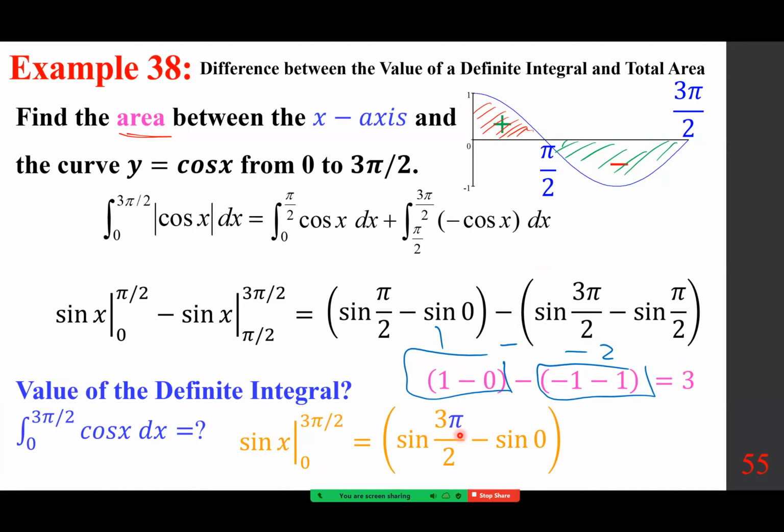You know 3π/2, the sine is negative 1. And that's what happens. In other words, this area minus this area in essence. And I can't emphasize this enough. It's very straightforward, everybody.